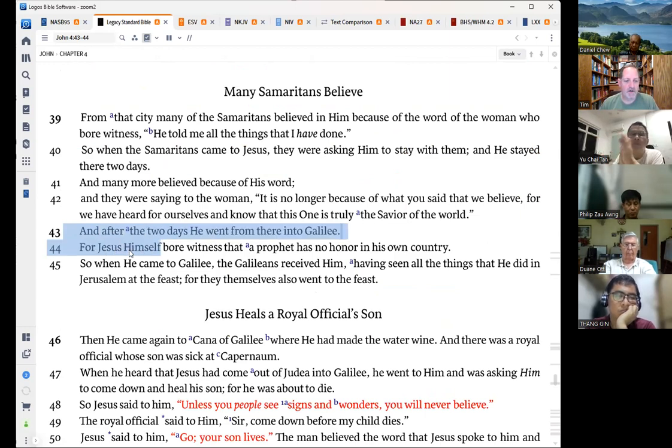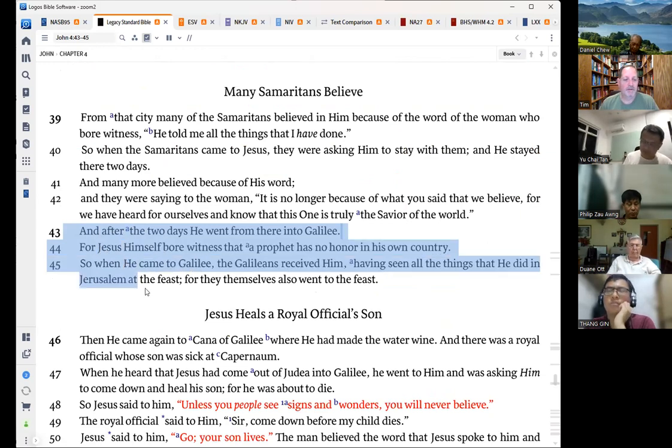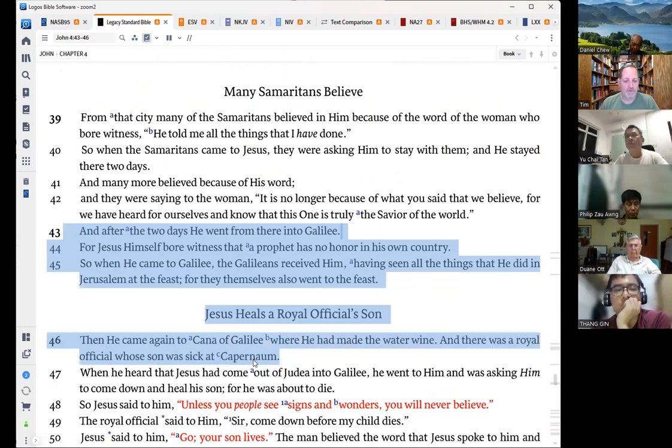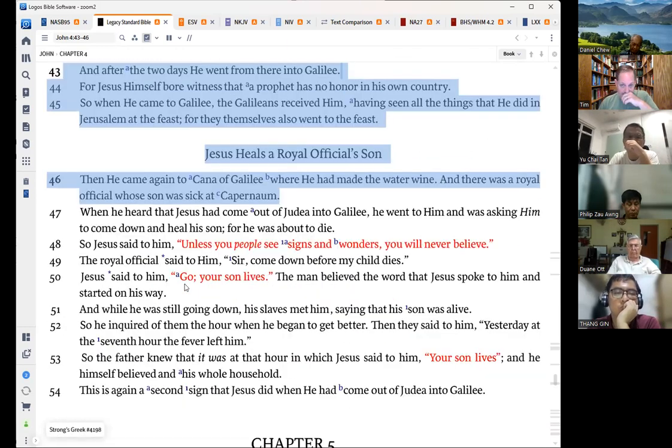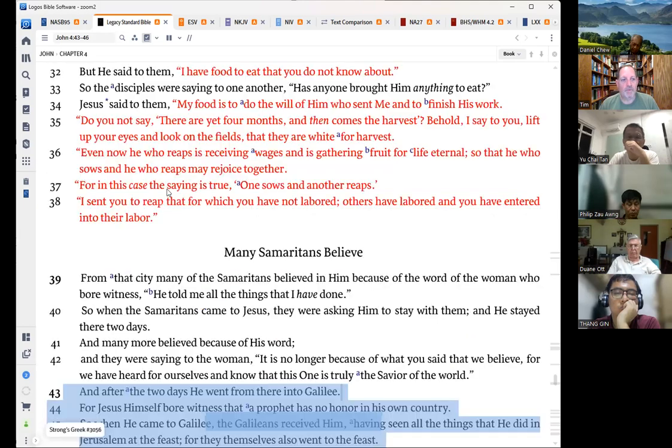For Jesus himself, there's a conjunction, for, connecting what's about to happen with what just happened. And it's explaining why he went to Galilee. He came to Cana.